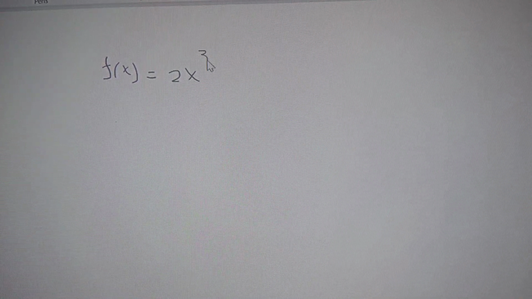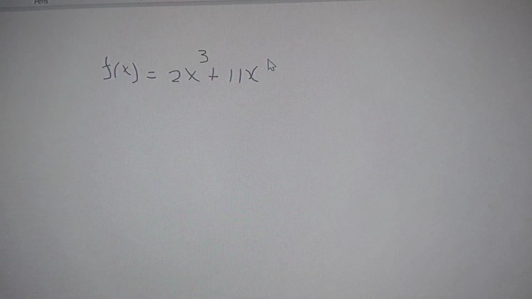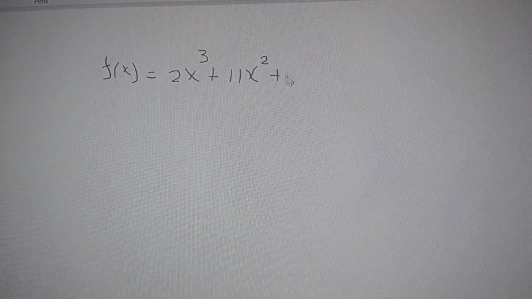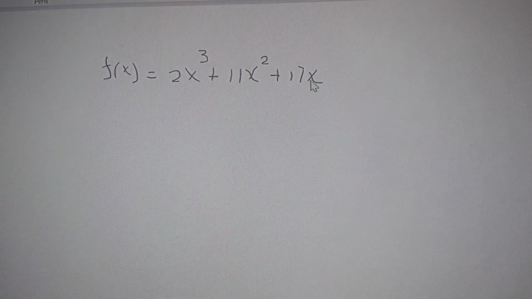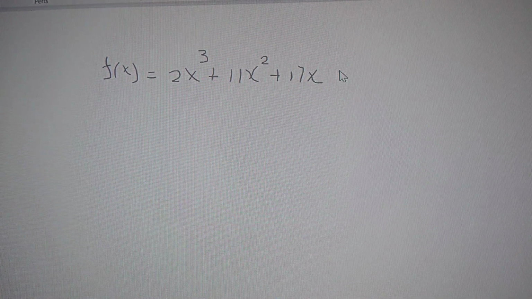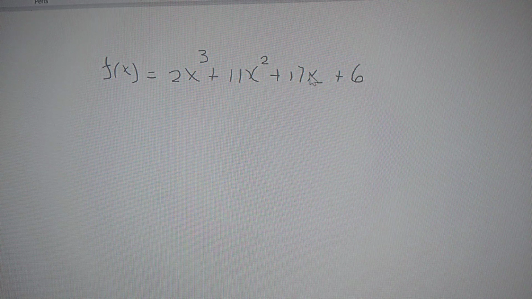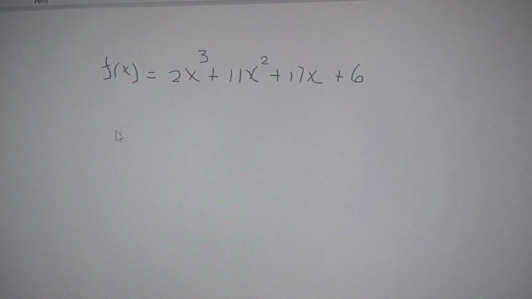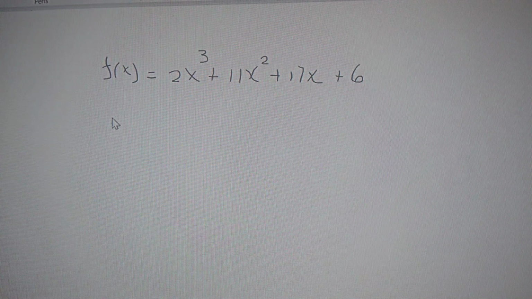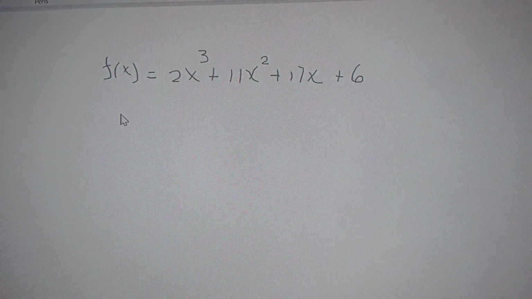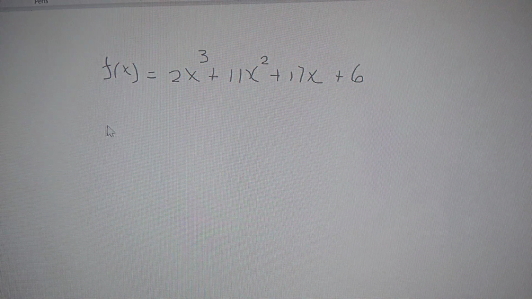Let's recall that f of x is equal to 2x cubed plus 11x squared plus 17x plus 6. So what we want to find out is if any one of those factors that we listed are the zeros.